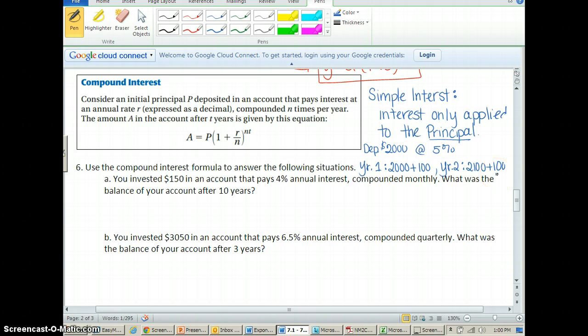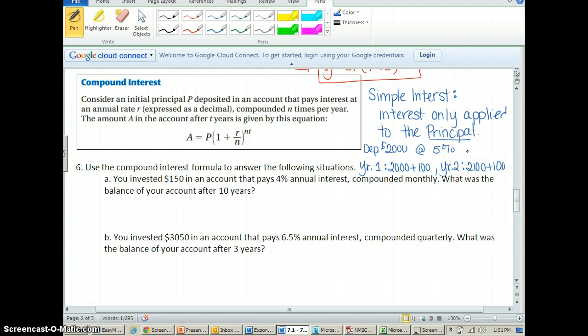Compound interest is different because what this means is every time I take the interest, I'm taking interest of my new balance. So if we use the $2,000 example, I'd have $2,000 at 5%, I'd end up with $2,100 at the end of that year. The next time it calculates 5%, instead of doing 5% of 2,000, it's going to do 5% of 2,100.